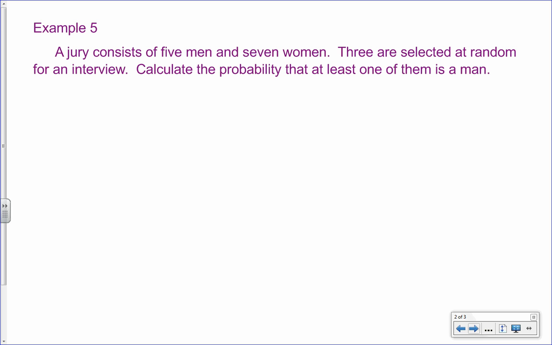So I'll show you the way that most textbooks would like you to do this problem. What we're really looking at here is the probability that at least one of them is a man. So we're saying, what's the probability of one man and 2 women, or, right, because that's one option.